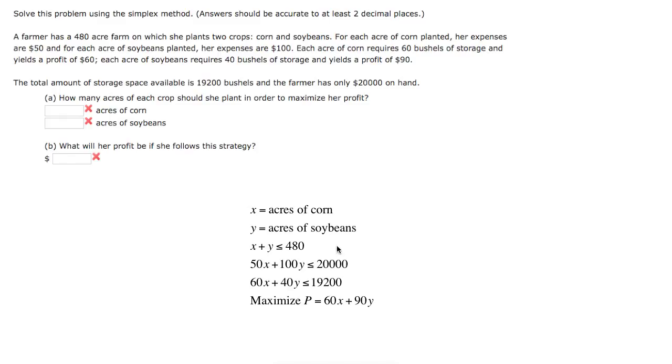So just, again, make sure that you have a good understanding of how to go from the word problem to this expression of the three constraint inequalities and this expression for the function that you're maximizing.